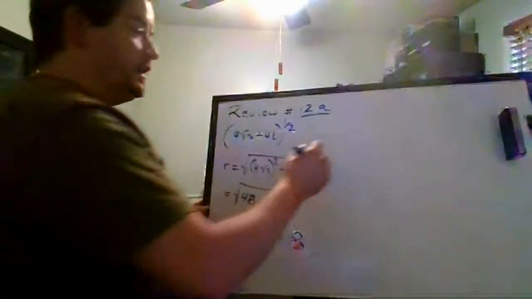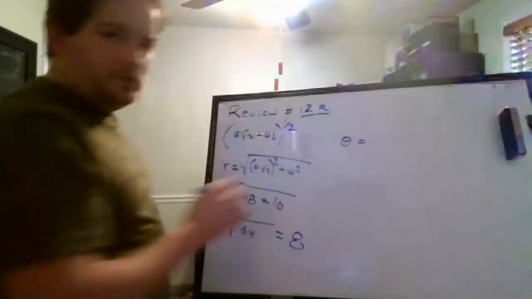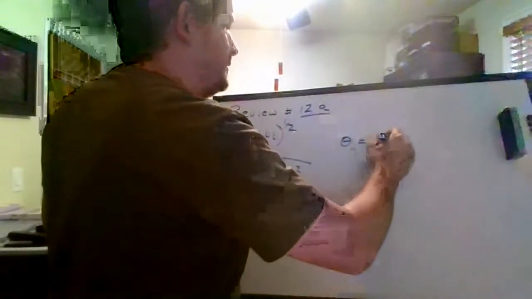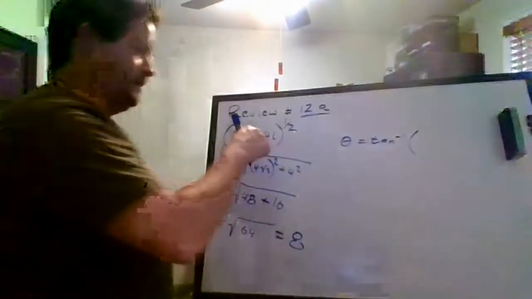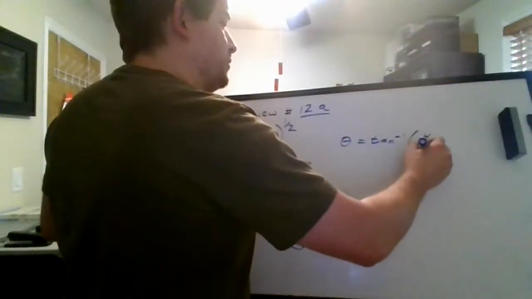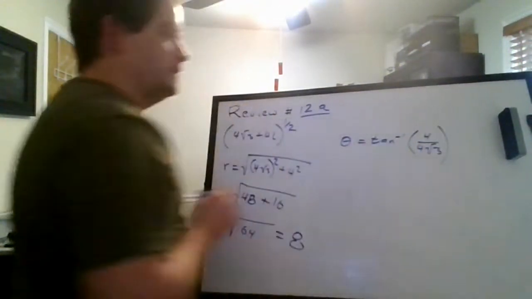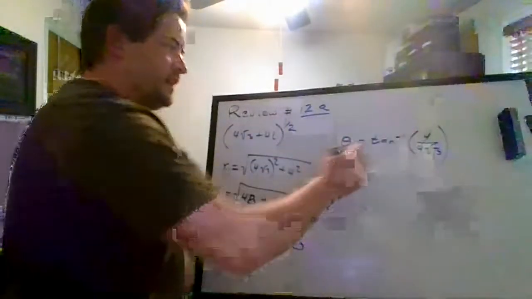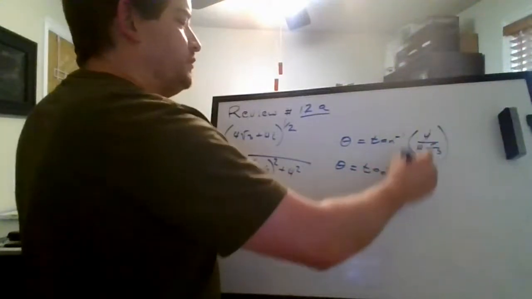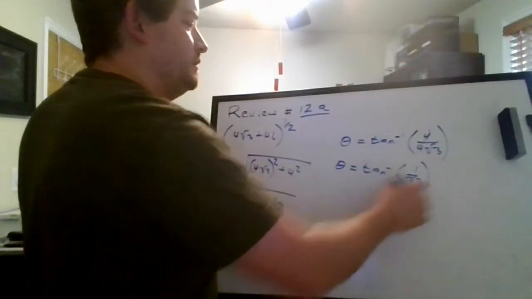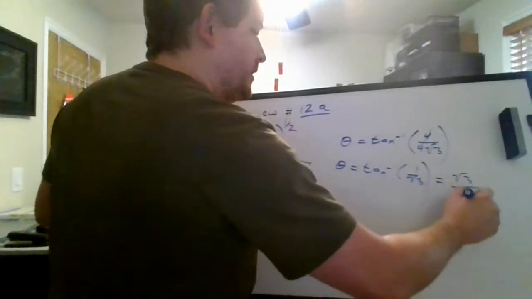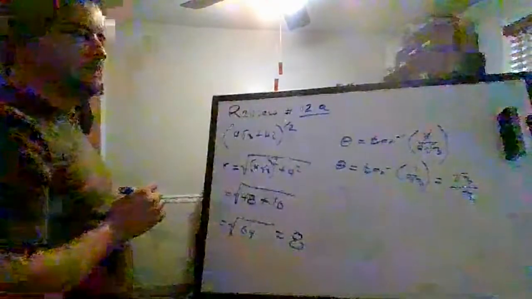Then I want to find theta. So I have theta is equal to the tan inverse of the y value over the x value. So that's 4 over 4 root 3. Right? The 4's can cancel out, so that is to say that theta is the tan inverse of 1 over root 3. Right? But that's the same thing as root 3 over 3. Right?